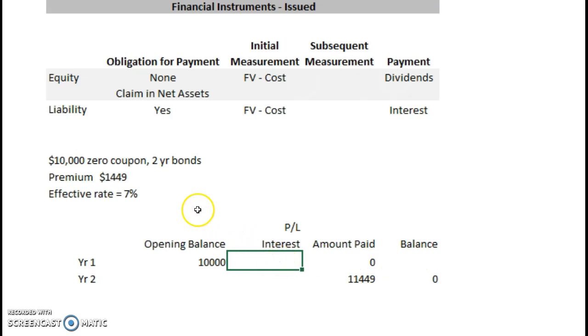So in the first year we have an effective rate of 7%. So that effective rate is 0.07 times the opening balance of 10,000, and that's £700. So that is 7% interest on the balance.